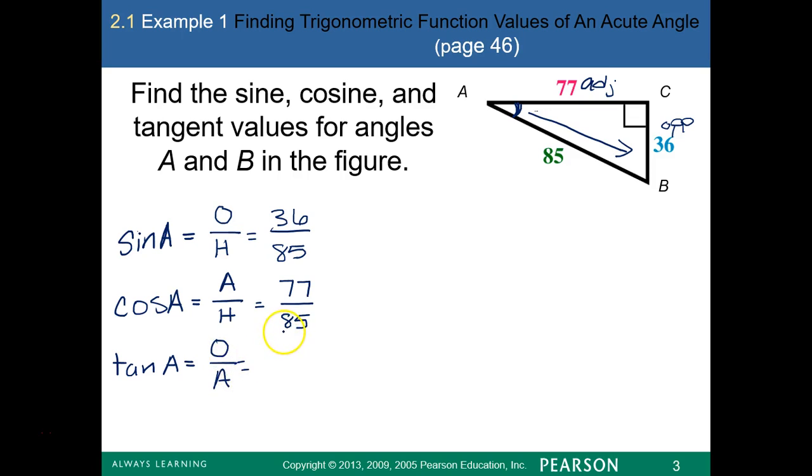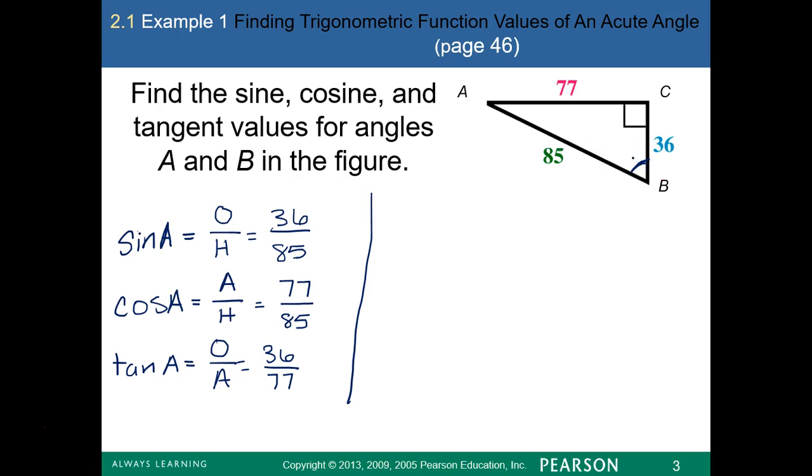That's going to be our 36 over 77. And we're done finding our sine, cosine, tangent values for angle A. Now let's look at angle B. I'm going to erase all this stuff over here because it changes. Now let's look at angle B.